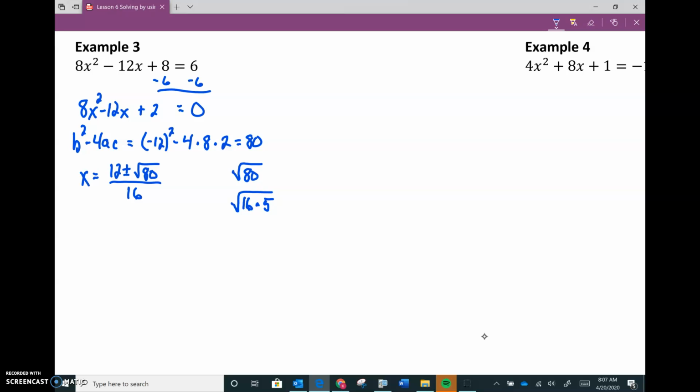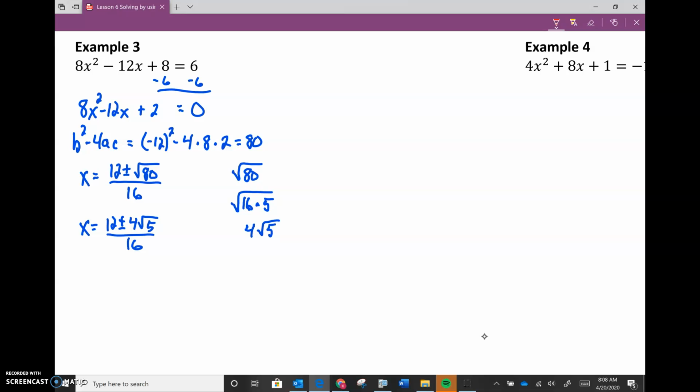And then the square root of 16 is 4 times the square root of 5. So that's how it simplifies. And all of that's over 16.